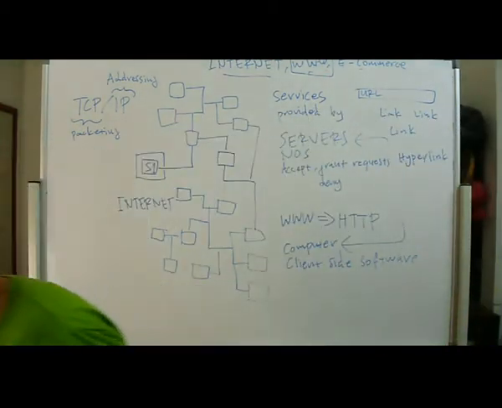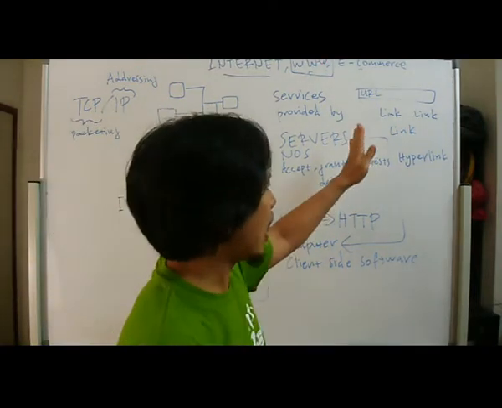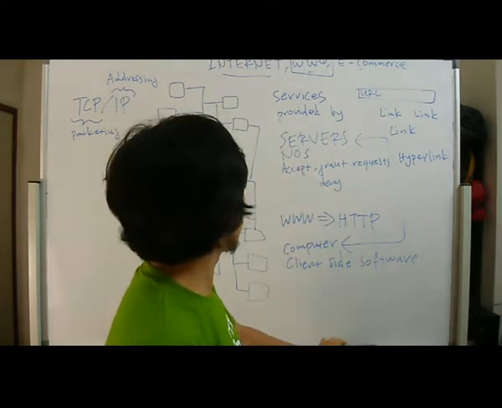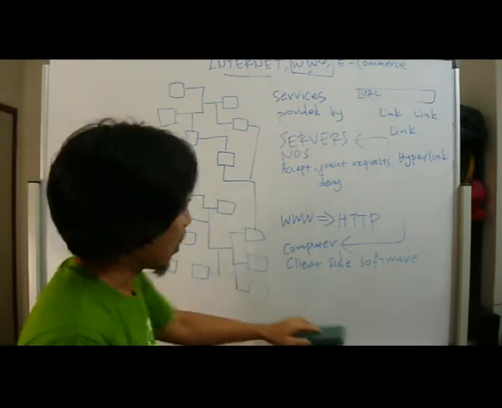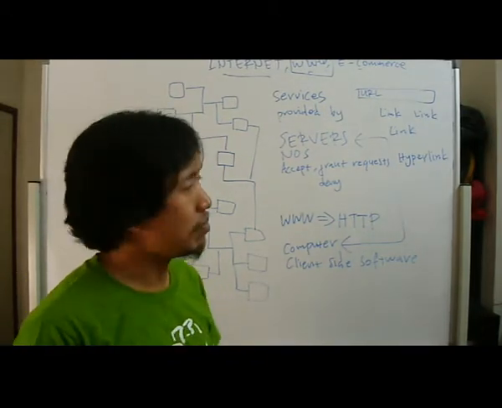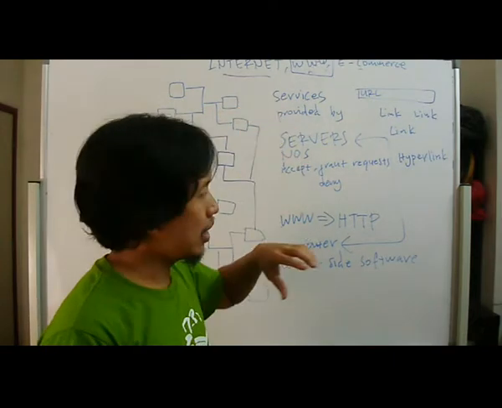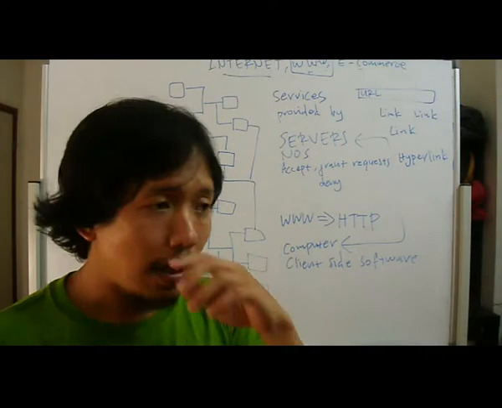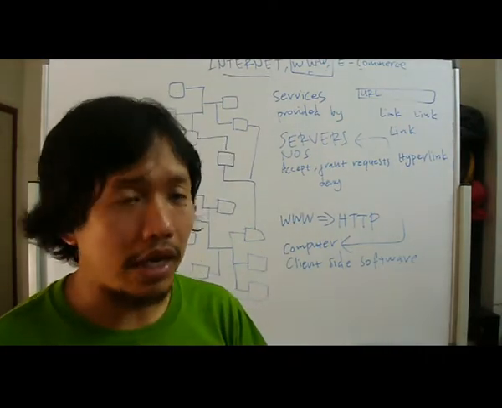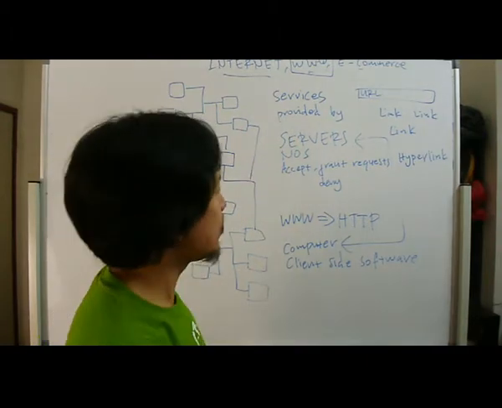Now, what happens here is that inside the server we have lots of different resources, meaning that when someone creates a website, they have all the files that they want to use inside the website. So they put all of their files inside a server, right?